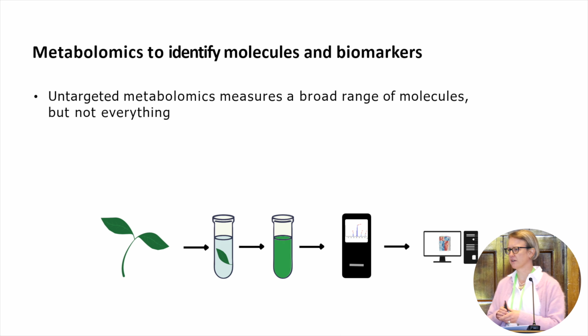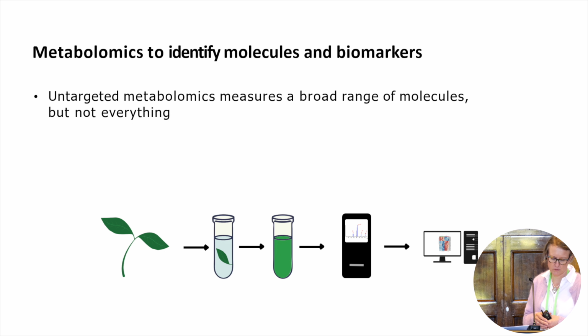Rather than saying I want to know what this molecule is doing, we take a broad approach or broad analysis. Unfortunately, we can't analyse all molecules because we're restricted by the technology and tools that we use. In this case, we wanted to look at water-soluble molecules, so probably molecules that are hanging around inside the cells.